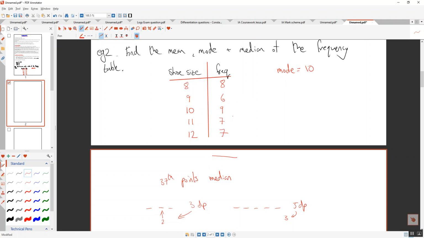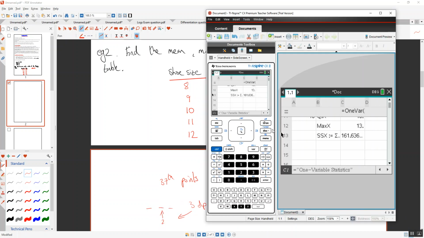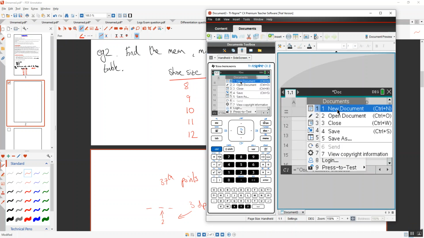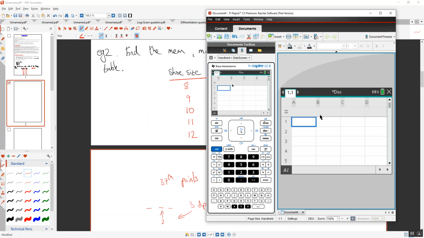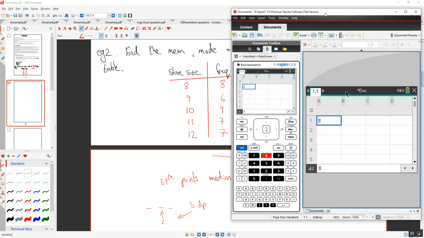But on the calculator, let's go to a new document again. I want to add lists and spreadsheets. So we're going to use both columns. I'm going to have 8, 9, 10, 11, and 12. And then we're going to have our frequency: 8, 6, 9, 7, 7.